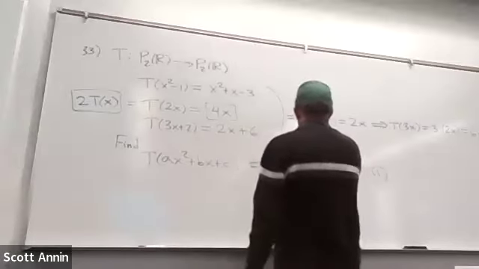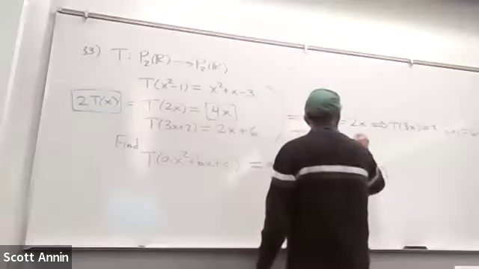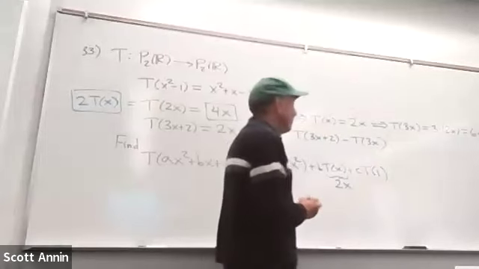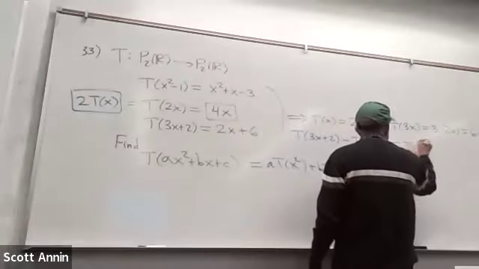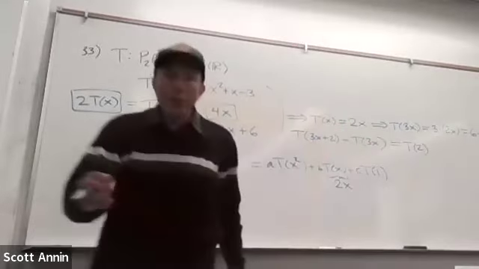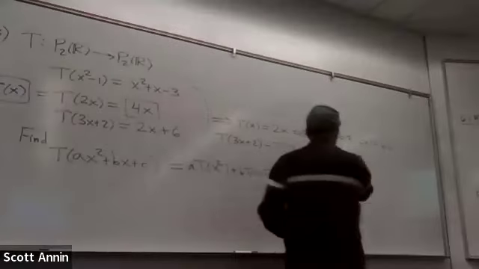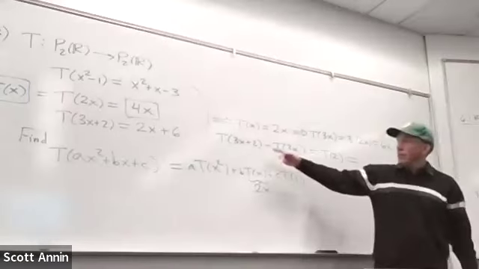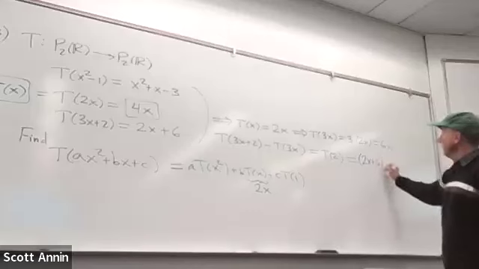Again, I'm doing some scratch work over here. If I take T of 3x plus 2 minus T of 3x, this is just T of 2, by the fact that T respects subtraction there. But what is it as an expression in terms of the outputs that we have? T of 3x plus 2 was given as 2x plus 6.